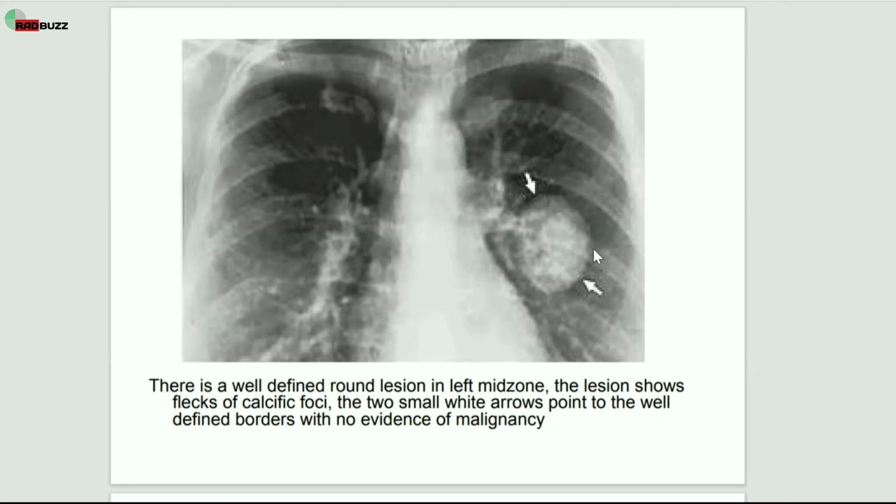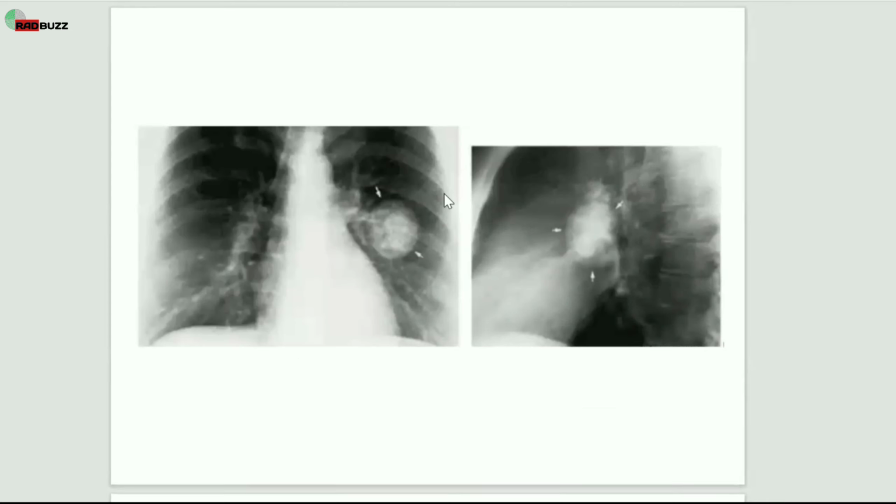So well-defined borders, no, this is not suggestive of malignancy. Calcified areas, this patient must have calcified nodes as well. They are tuberculomas. When calcified nodes are also seen in the hilar region, that is called Ranke's complex. So you can see a soft tissue layer with dense calcification internally, centrally, and it's very well defined.